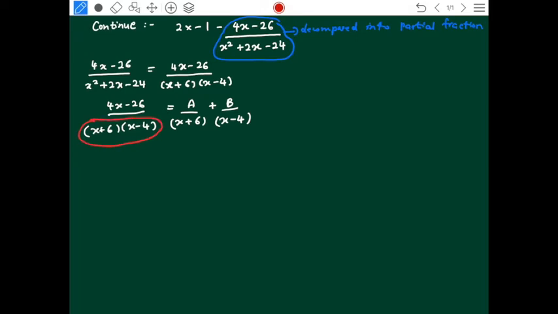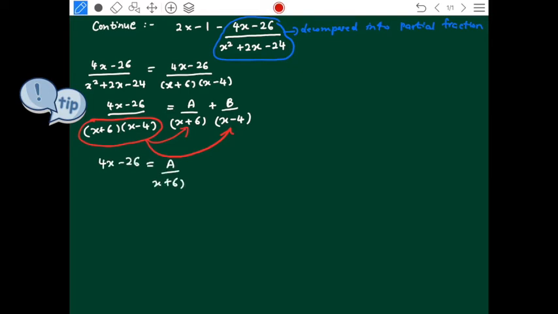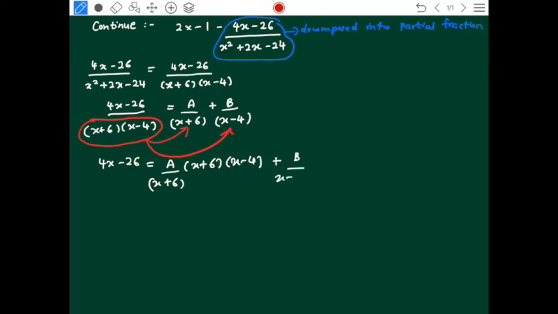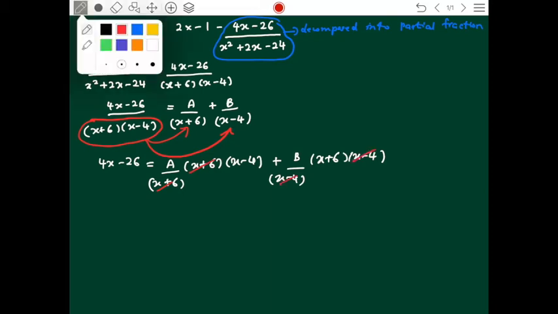You multiply up here and multiply up with the b component. So what you will get is 4x minus 26 equals a over x plus 6 times x plus 6 x minus 4, plus b over x minus 4 times x plus 6 x minus 4. We can cancel out the common factor.